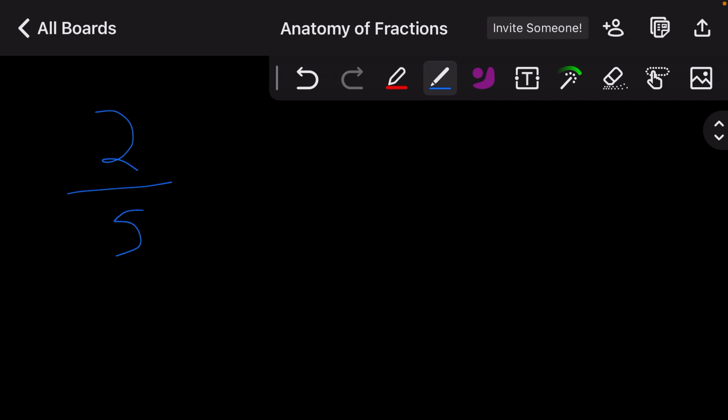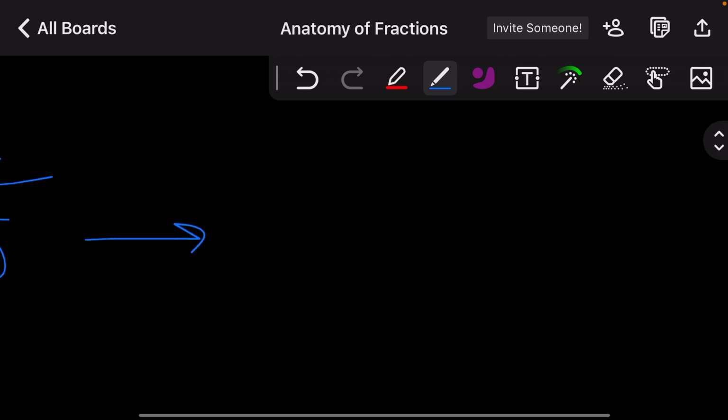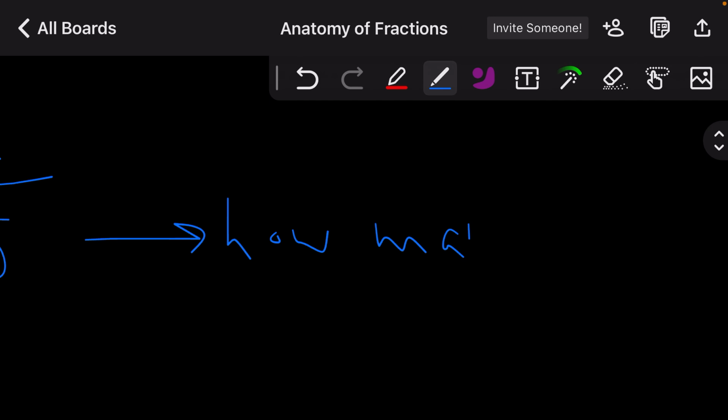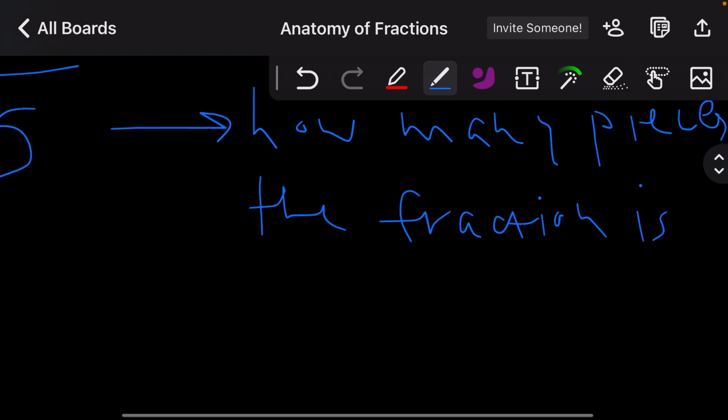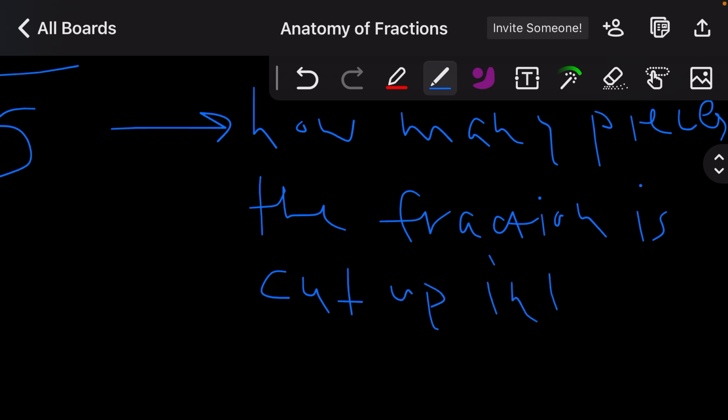The denominator, the number on bottom, lets you know how many pieces the fraction is cut up into.